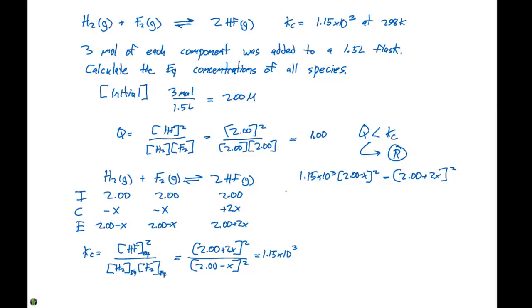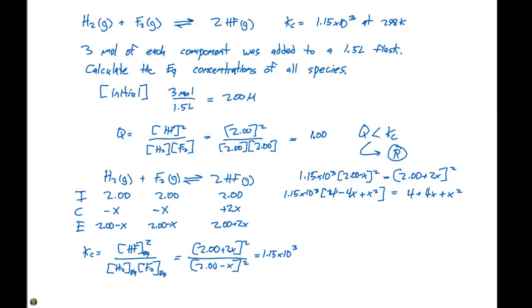So if we multiply this out, we have 1.15 times 10 to the third times 4 minus 4x plus x squared. That's going to equal 4 plus 4x plus x squared. So we have to distribute everything through here in order to solve for this quadratic and figure out how to solve this particular problem.